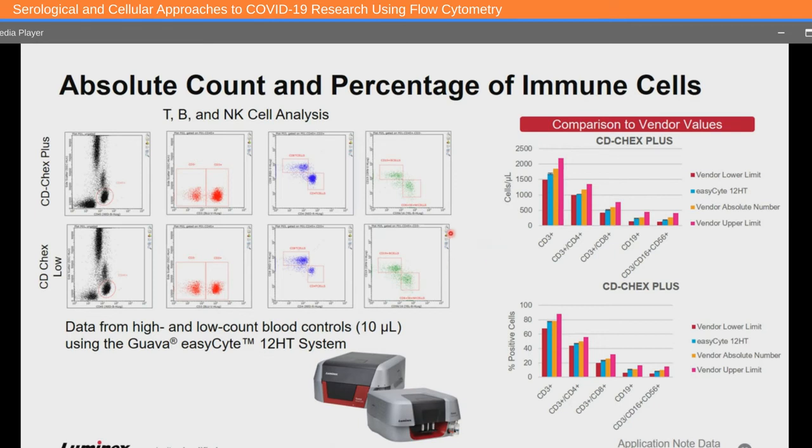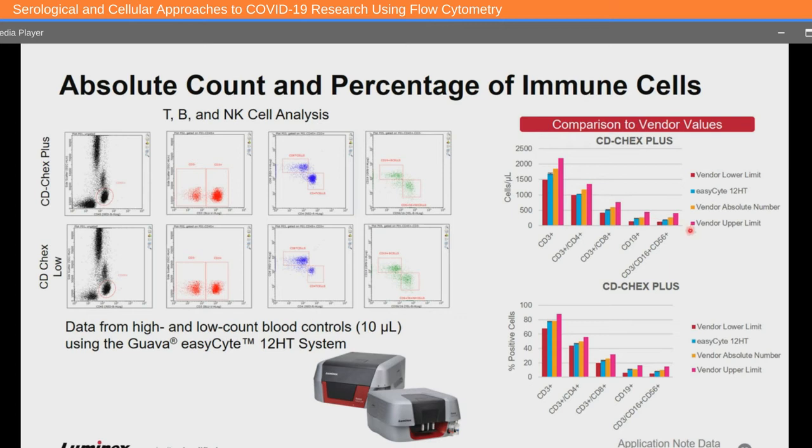Here, for example, we have compared the results obtained to those provided by the vendor, as shown in the plots on the right. As you can see in the graphs here, the results from the EasyCyte 12HT are in blue, and the vendor results and the limits are in different colors.